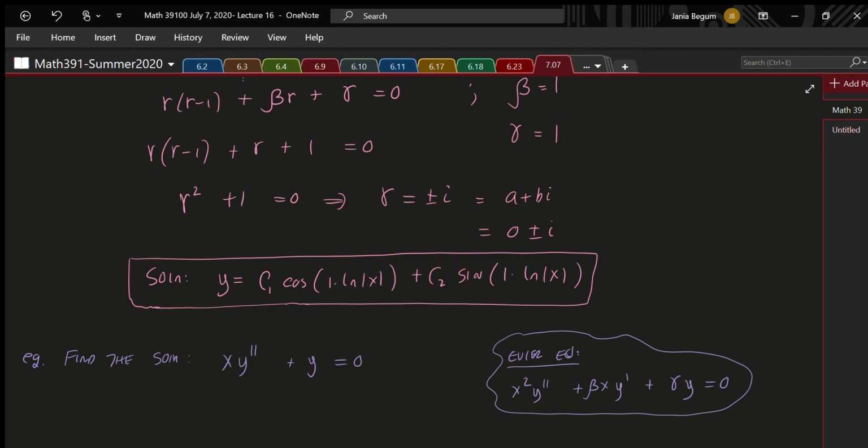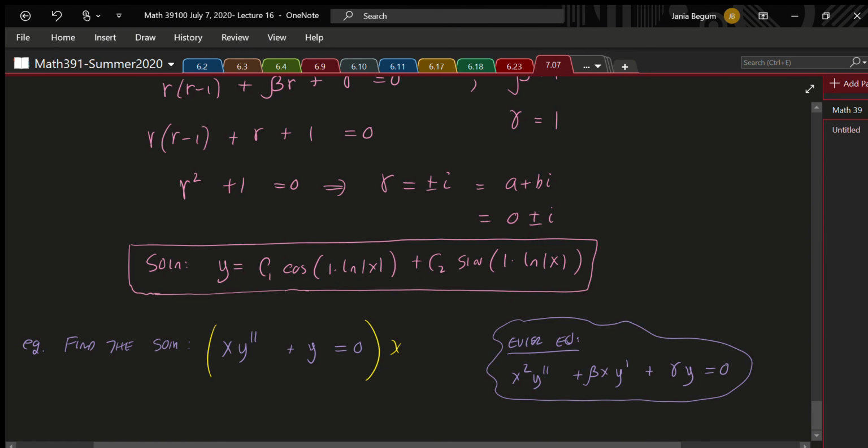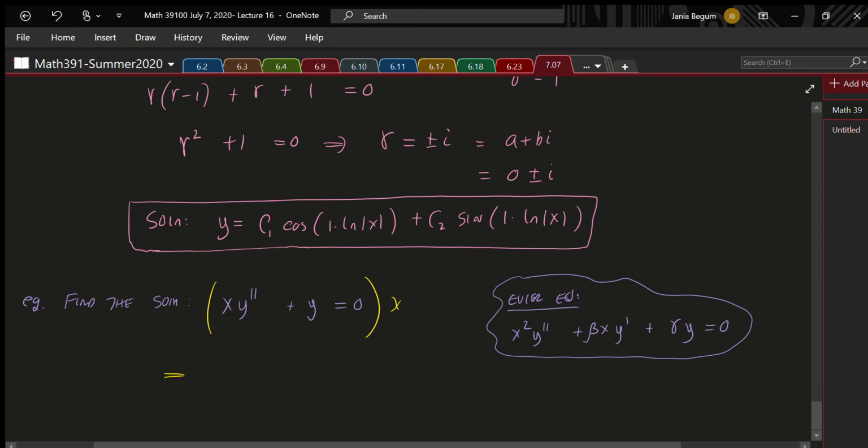Multiply everything by x. Yeah, right? Just multiply it by x, and that will do the job. That will put this in the standard form of an Euler equation. And we want that so that we know how to identify what beta is and what gamma is, so we can find its indicial equation, find its roots, and write out the solution. So if I do that, we have x squared y double prime plus xy equals 0.